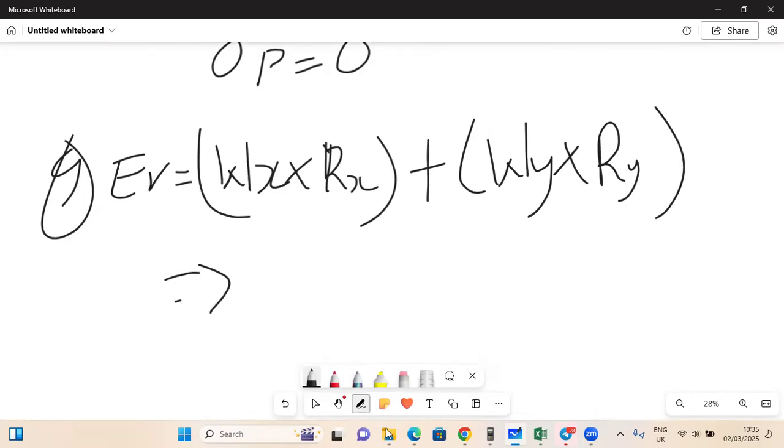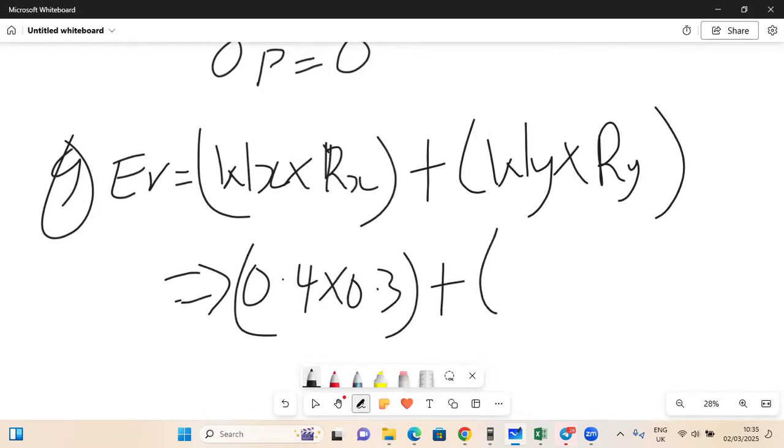And this is going to be equal to the new one that we just got, 0.4 times 0.3, which was the return, plus 0.6 times 0.1, was the return, then not 0.2.